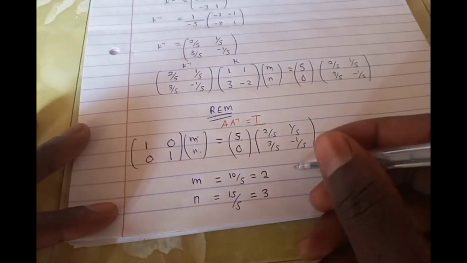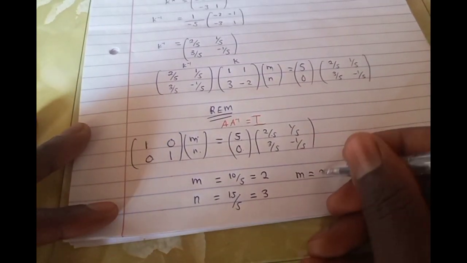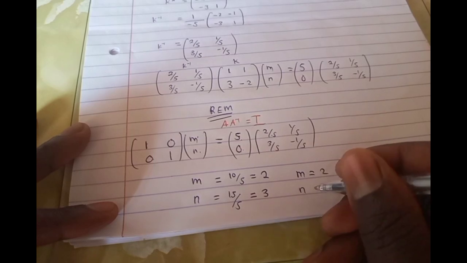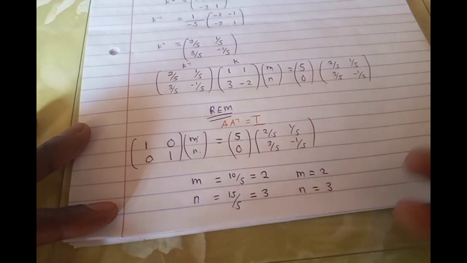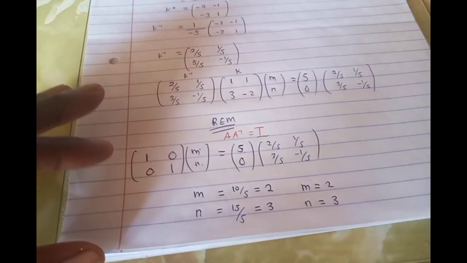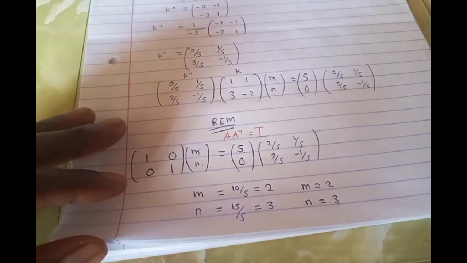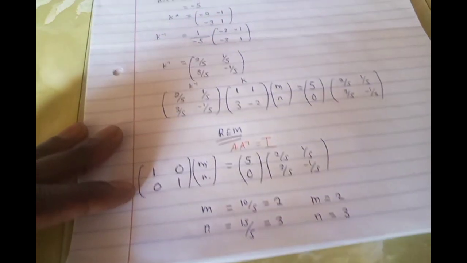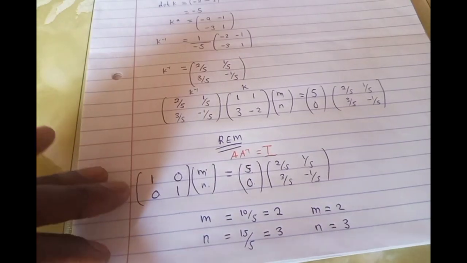So my value for m is 2, and my value for n is 3. That's how we go about it when we are solving simultaneous equations using matrix method. So you can try and carry this out and see what you will get your answers to be.